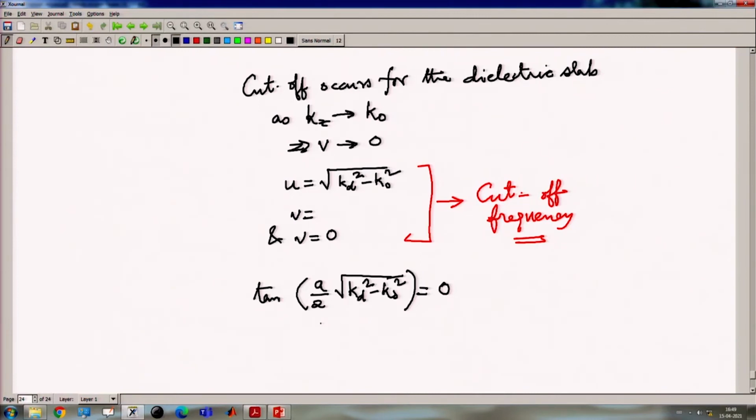Similarly, we can look at equation number 28 and from there we will obtain the condition cot of a by 2 root of k d square minus k 0 square equal to 0. So, this is for the odd TM mode, this is for the even TM mode.